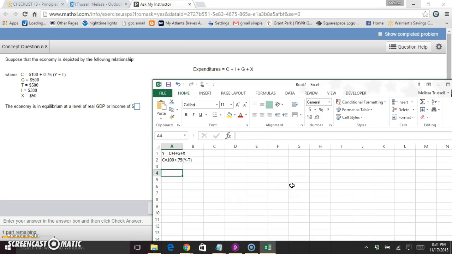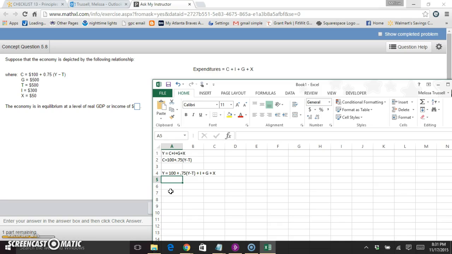So that's going to look like Y equals C plus I plus G plus X. So that C is just going to equal my second equation, which is 100 plus 0.75 times Y minus T. So that's my C. I've plugged in my C, and so now I have to just copy down the rest of my Y equation. So it's C plus I plus G plus X.